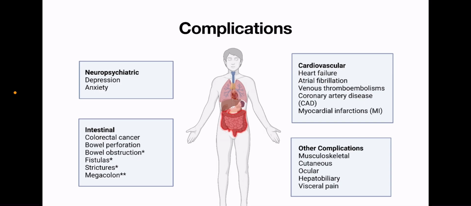So one of the complications is colorectal cancer, bowel perforation, bowel obstruction, fistulas, strictures, and megacolon. Megacolon is a severe complication in the flares. Maybe the flare is not controlled and so it goes to megacolon.